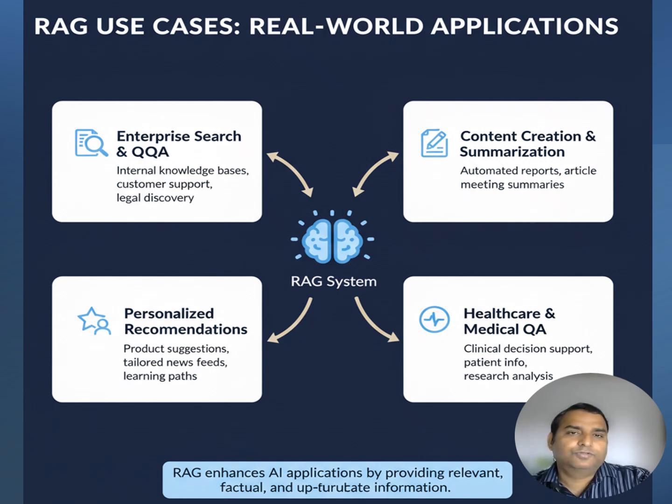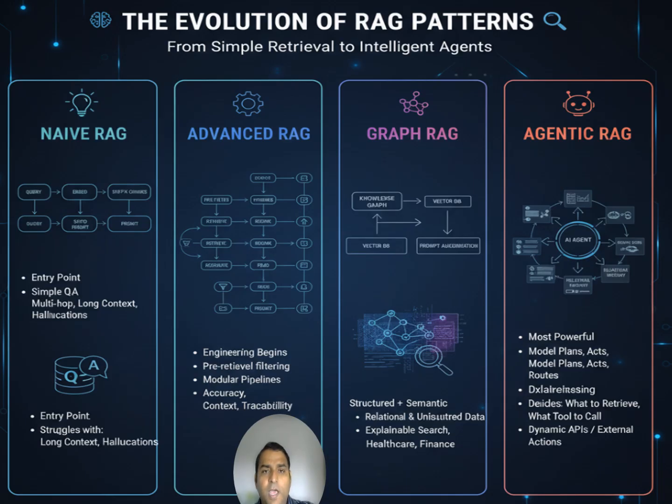Then customer support automation, pulling relevant help articles or troubleshooting guides to resolve customer issues. Legal document analysis, because it is not necessary to read such large documents; it helps with searching cases, laws, contracts, and compliance documents. And healthcare decision support, assisting doctors with treatment protocols and medical research.